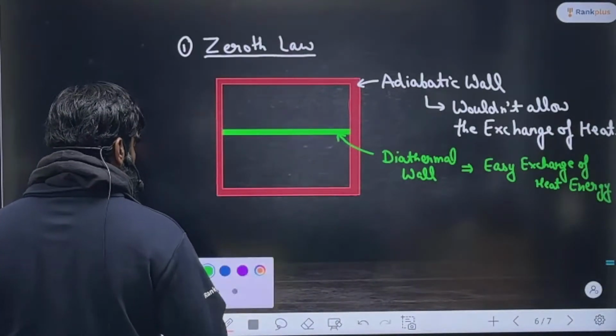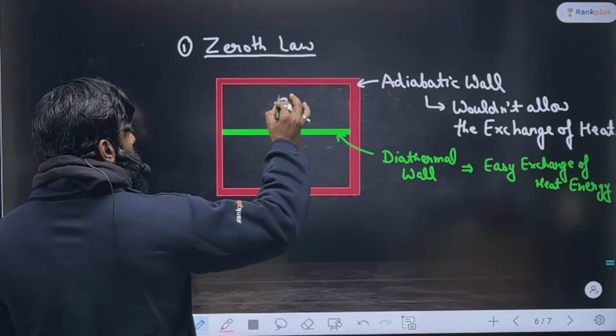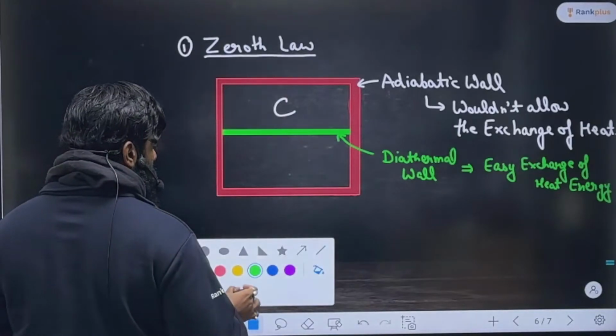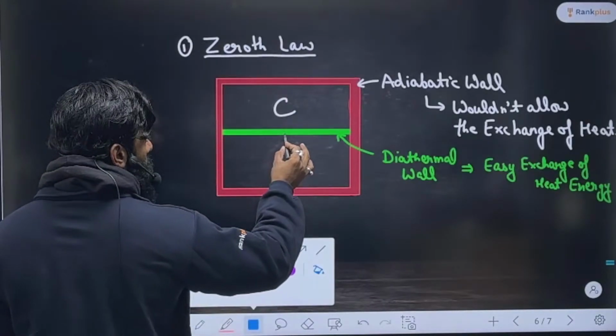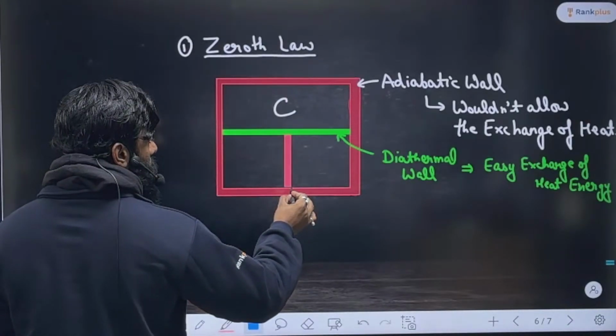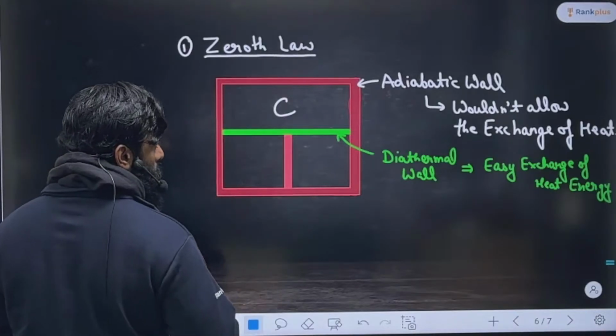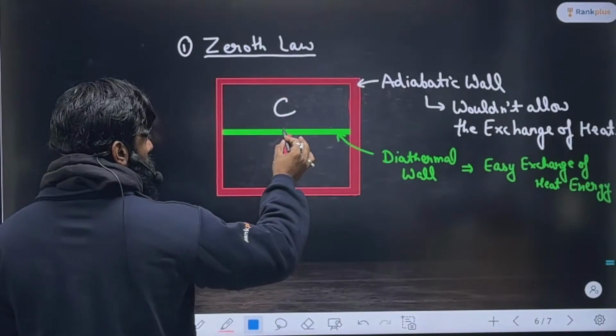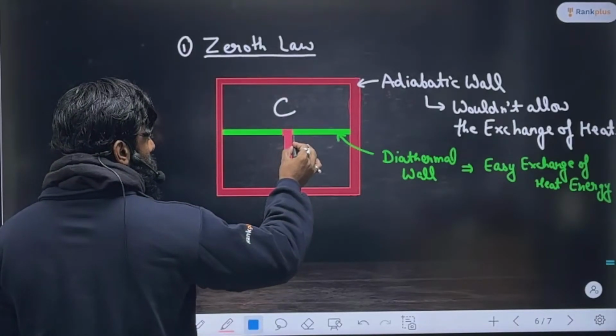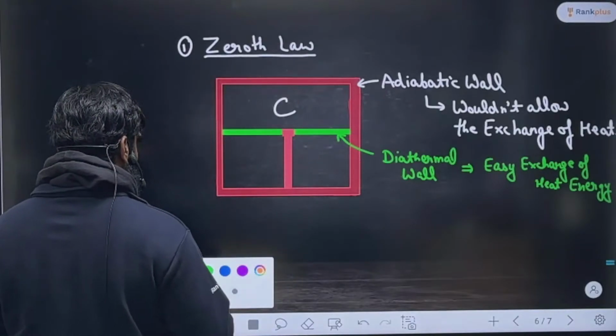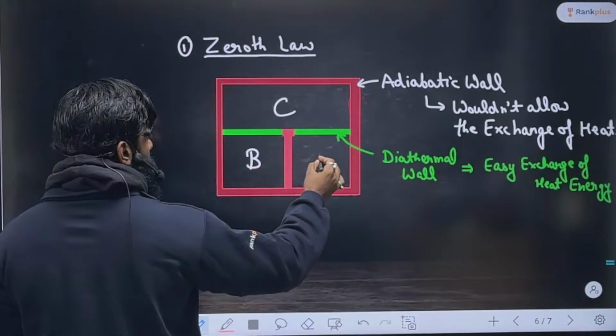Okay, now this is my C system, and this is also an adiabatic wall. Okay, this is my B system. This is my C system.